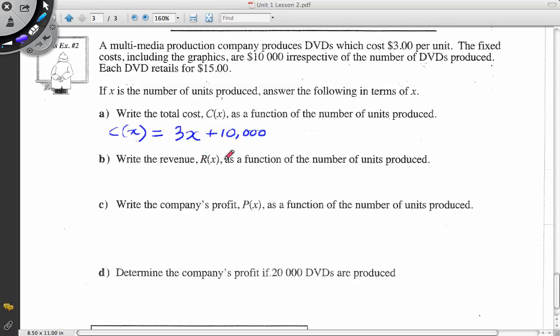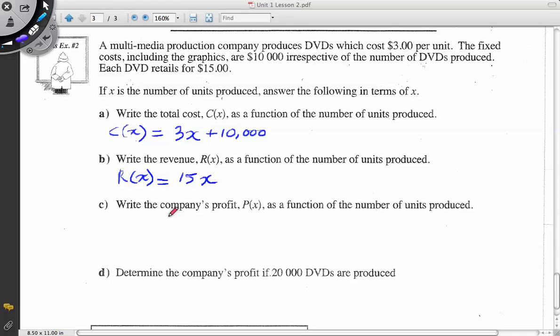Write the revenue as a function of the number of units produced. Well, revenue as a function of x, the number of units produced, will depend on the price that we sell them for. We sell them for $15 each. So $15 times the number of units we sell. 15 times x. Write the company profit.